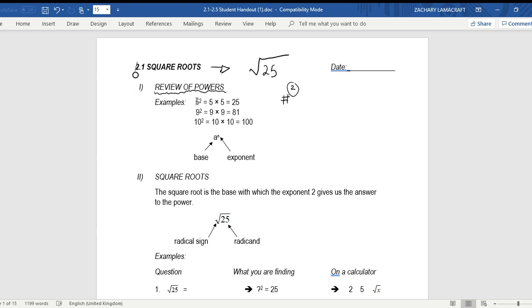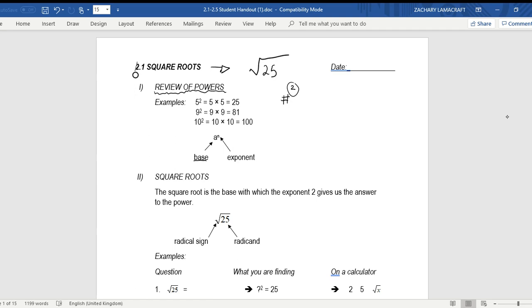So if we review some examples, 5 to the power of 2 is the same as writing 5 times 5, and that's equal to 25. 9 to the power of 2, or 9 squared, is the same as 9 times 9, or 81. And then 10 squared, or 10 to the power of 2, is the same as 10 times 10, which is also equal to 100. So whatever your exponent is, that's how many times you're multiplying the base.